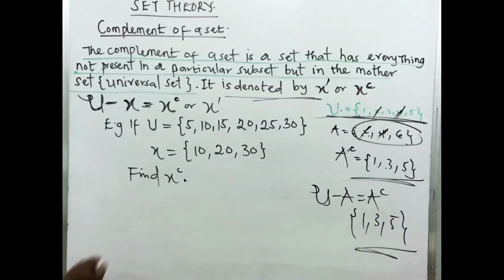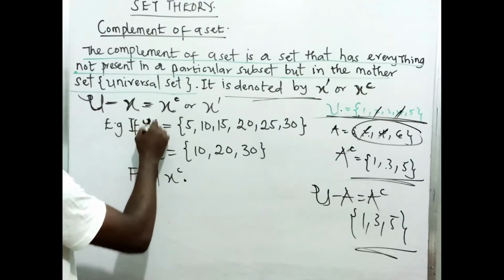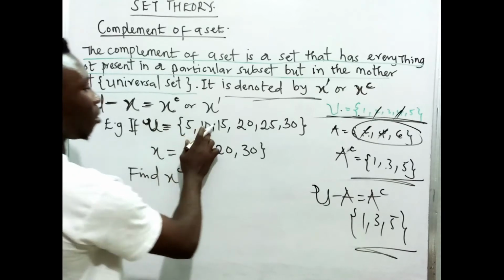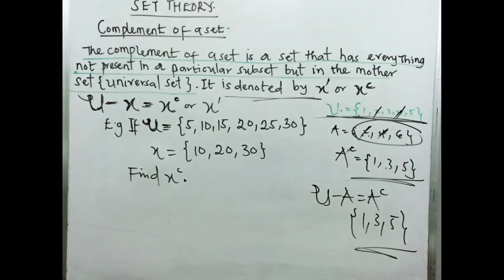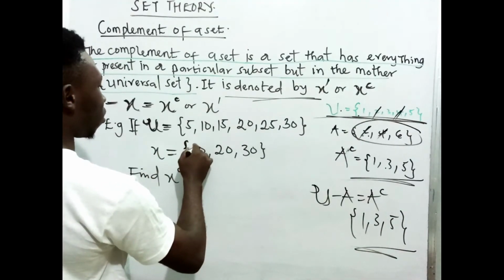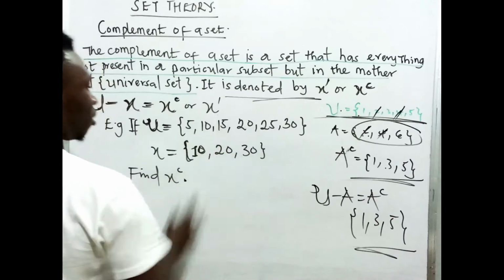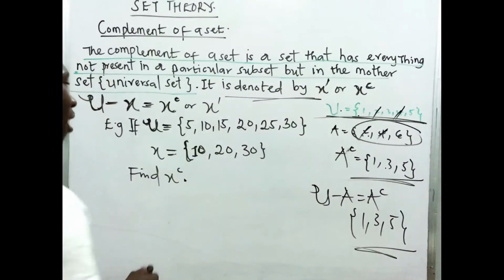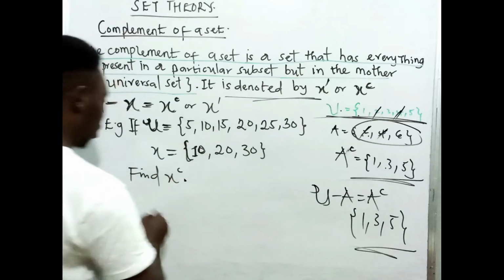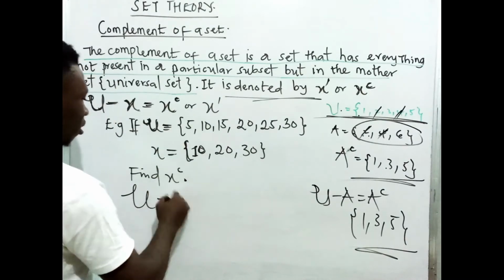So what is an example here? If my universal set is equal to 5, 10, 15, 20, 25, 30, then x is equal to 10, 20, 30. So what is x complement? X complement means your universal set minus x.